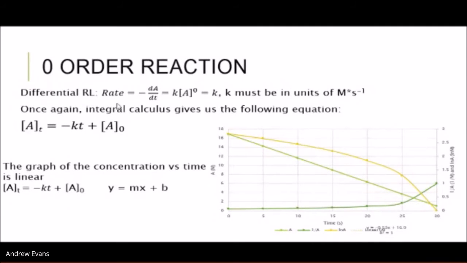Now, zero order reaction is really easy. When we do this, the zero order reaction just becomes y equals mx plus b. The concentration at time t is equal to negative kt plus a sub 0. Y equals mx plus b. Basically, you can just plot the concentration versus time, and you'll get a linear slope.